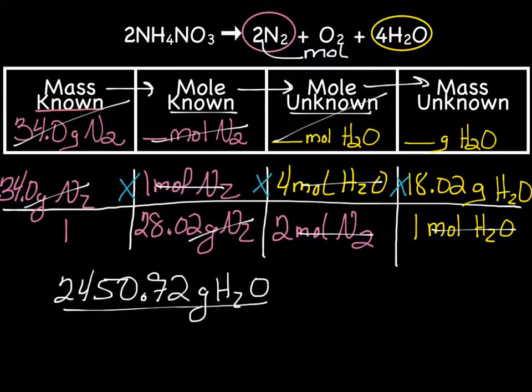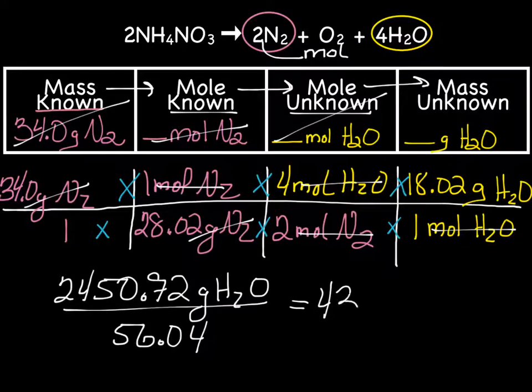And then we multiply across the bottom, which is 1 times 28.02 times 2 times 1. And I got 56.04. And from there we divide, giving us 43.7316 and some other stuff.